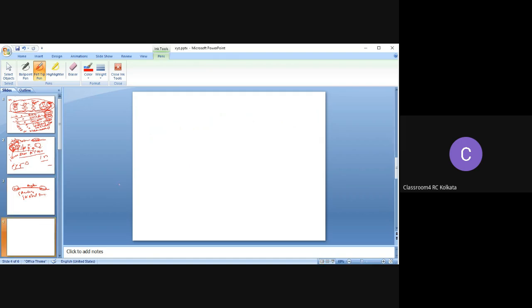Here, suppose it is 1 and it is 0. Suppose the signal is like that. In this portion the signal is very high quality.